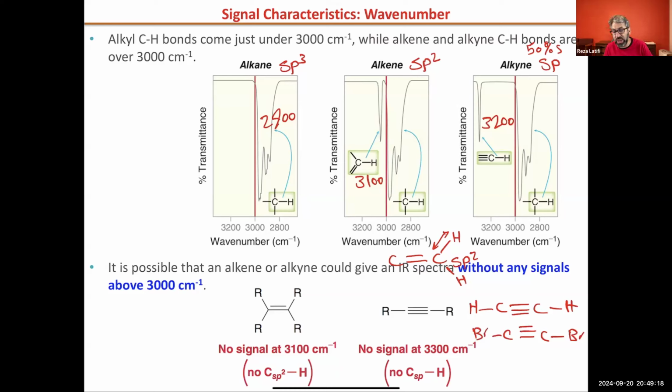Because I don't have an H attached to carbon anymore, I'm not going to see a peak around 3300. And this is going to be the same story when you are dealing with a double bond. So the R is the alkyl group, and alkyl is not equal to hydrogen. That means you're not going to see a peak around 3100 or 3200 whenever you have an alkyl group instead of hydrogen.